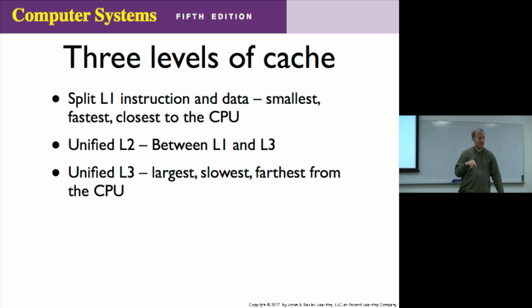You can market your processors this way, or if you look up the Intel chip. Typically these caches are denoted L1, L2, and L3. L1 is the one closest to the CPU and the smallest and the fastest. L2 is bigger than L1 but a little bit slower. And L3 is bigger than L2 but a little bit slower, but still faster than main memory.